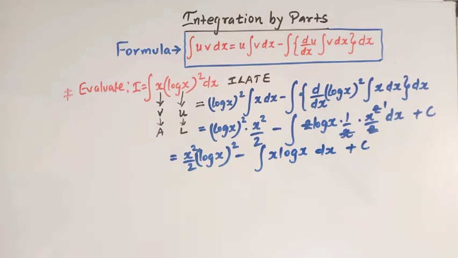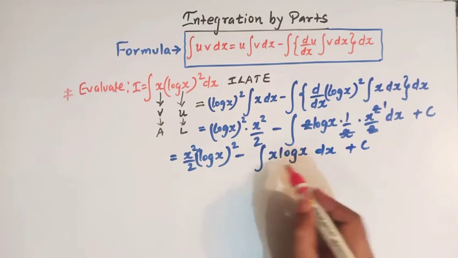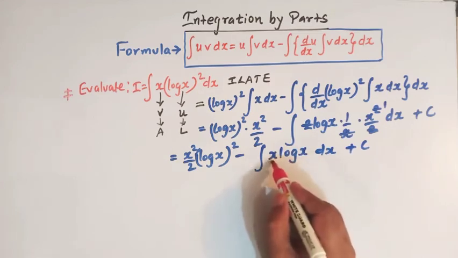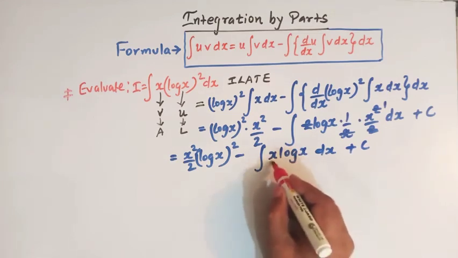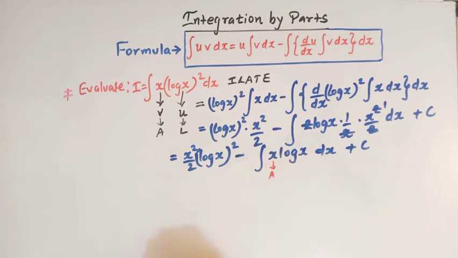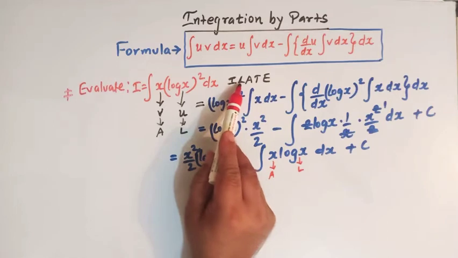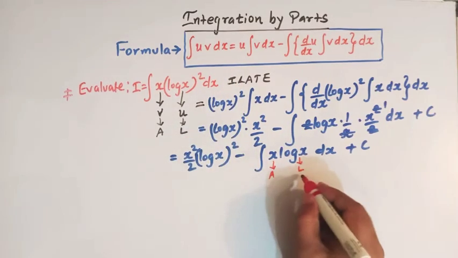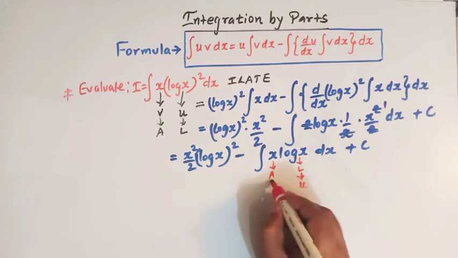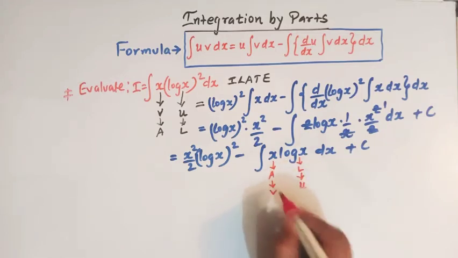Now it is very interesting to see that this integral again becomes a product of two functions. See, this is the algebraic function, this is the logarithmic function, and L comes before A. So this can be taken as the first function, this can be taken as the second function.